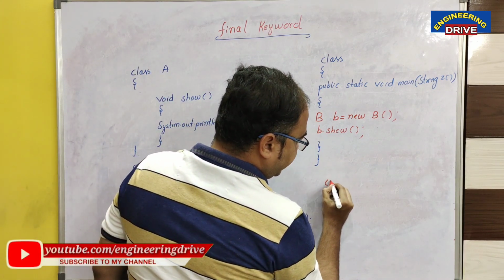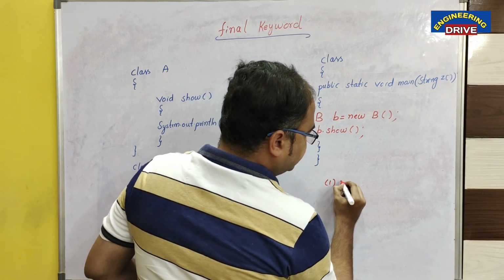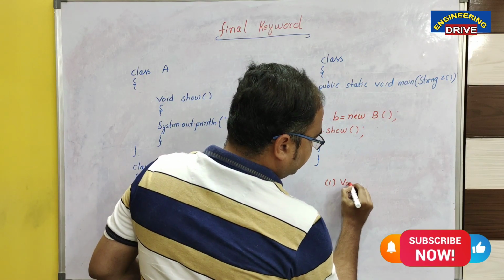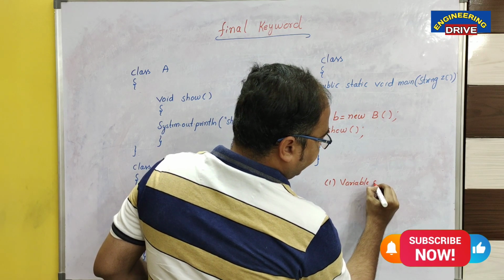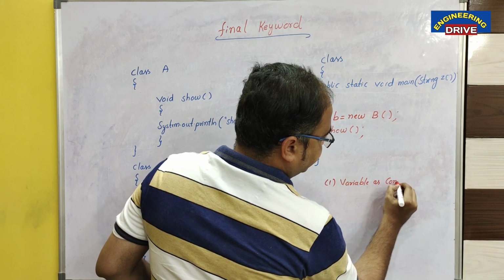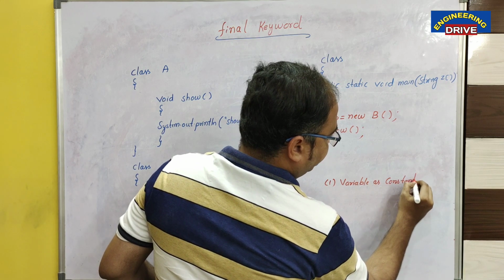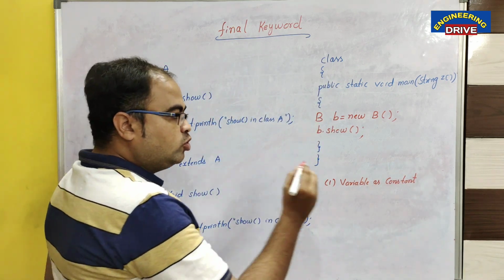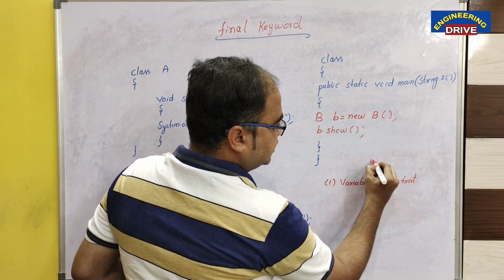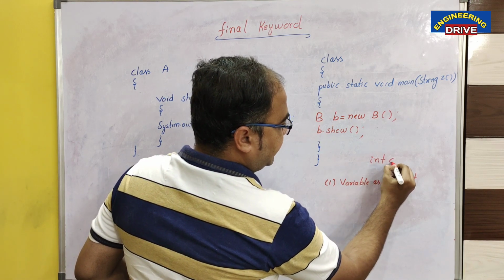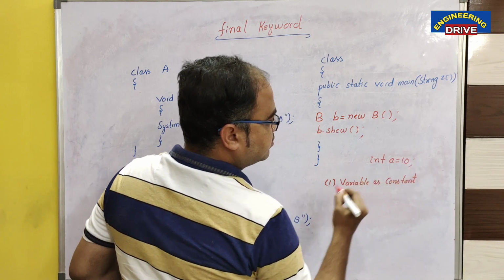The first use of the final keyword is to make a variable constant. You know what is the meaning of constant? Generally we will write int a is equal to 10.